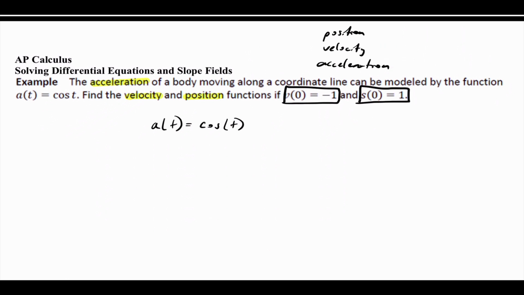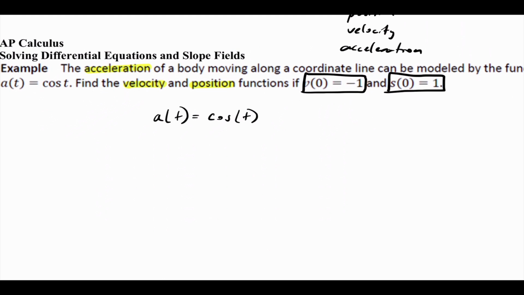Okay. So what I got to do is I got to find the antiderivative of acceleration. The antiderivative of acceleration is velocity. The antiderivative of cosine, we just talked about this, is a negative sine, right? Plus c. That's the general solution for velocity.